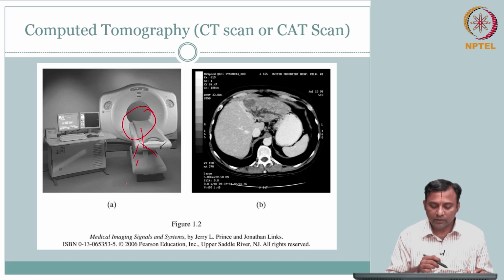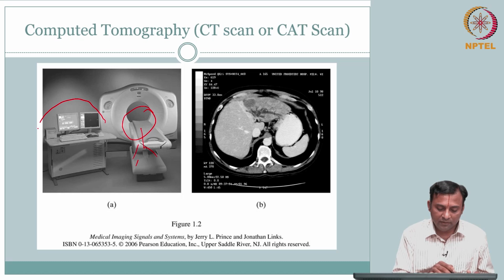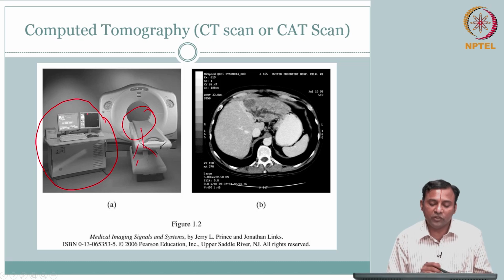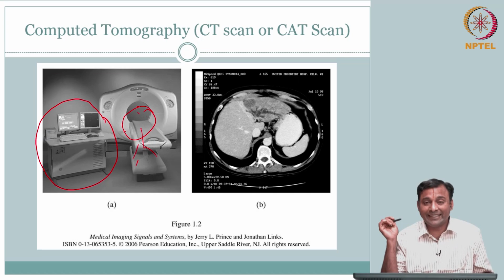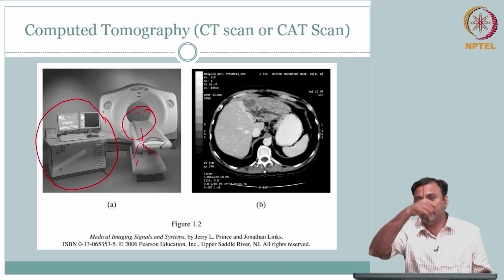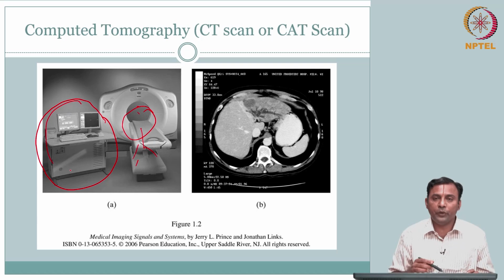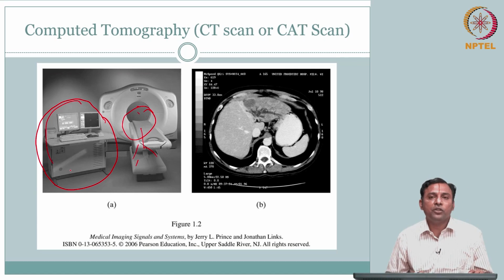Apart from that, this is computed tomography, so I need to acquire the data from different views. I need to have the ability to send X-rays through different directions in the body and collect them, and then put it into the computer and do all the reconstruction. So both are intertwined. You have to have both before you can see the image.